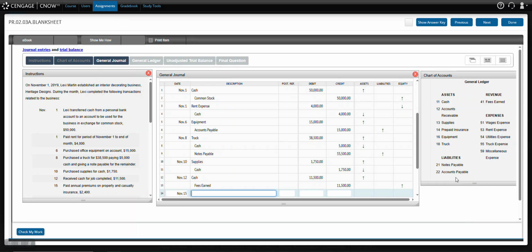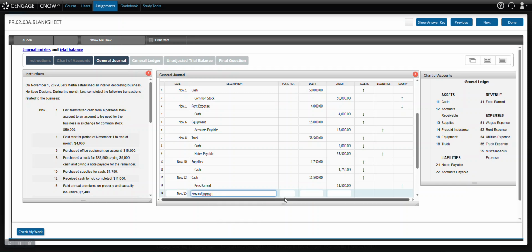On the 15th, it says we paid. We know we pay everything in cash. When we pay it, we have less of it. And we've paid, and this is important, we've paid an annual premium on property and casualty insurance. So annual, I've paid for the entire year. I've prepaid. And what have I prepaid? I've prepaid my insurance.